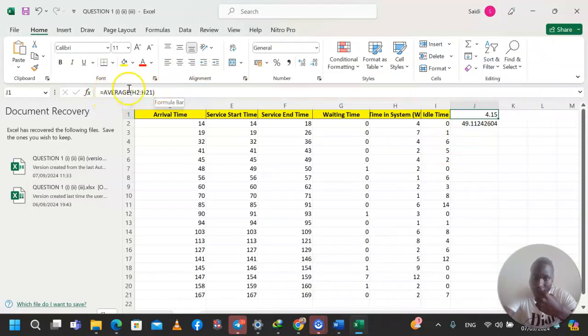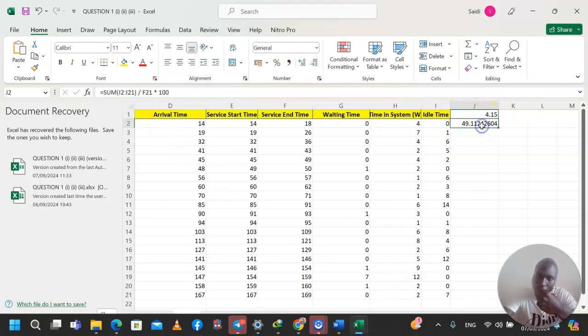I highlight the whole of this row, beginning only with the data, not the column name, but only the data. Then you close the brackets and press enter. Automatically you're given the average.